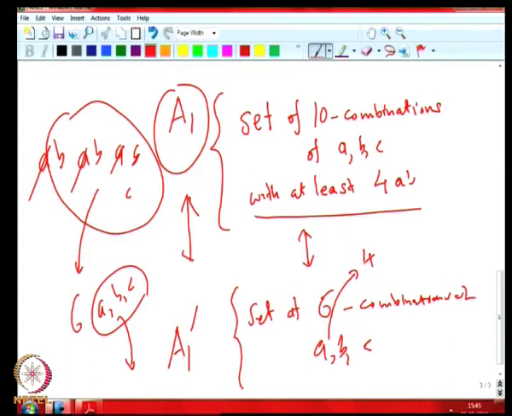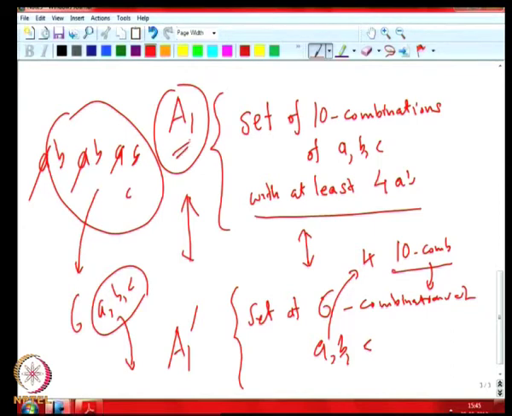So, what we will get is a 10 combination, because this is a 6 combination and we add 4 more A's to it. We get a 10 combination where there are at least 4 A's. So, we have pointed out a bijection between the two sets.